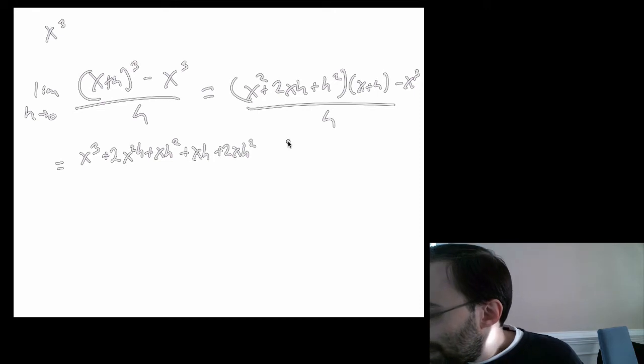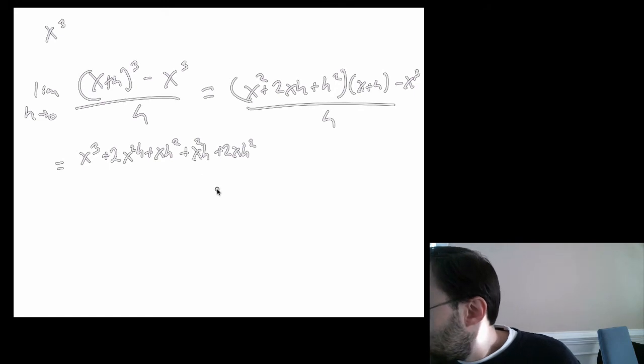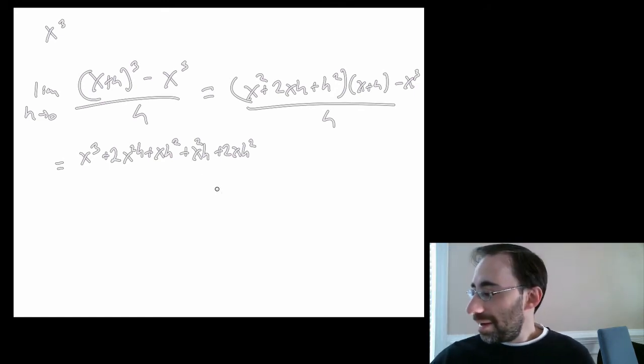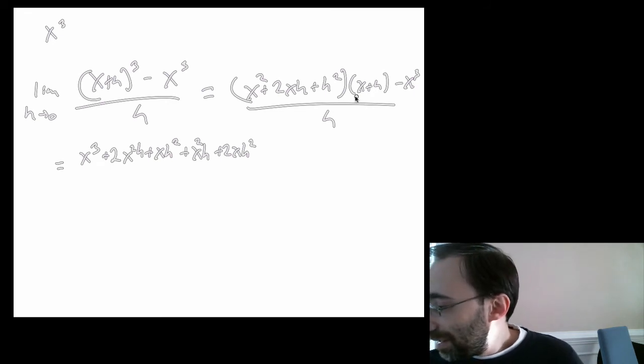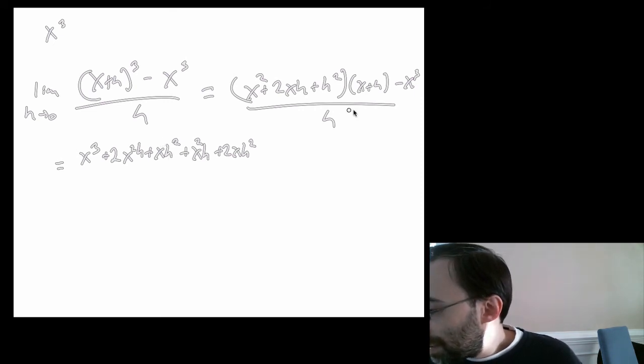That's the problem. So that's x cubed, 2x squared h, x squared h, plus xh squared, yes. And then x squared h plus, that's right, plus h cubed.